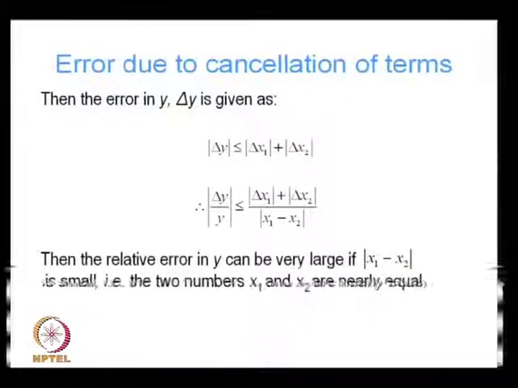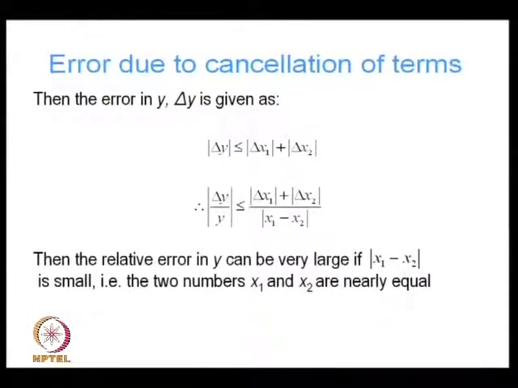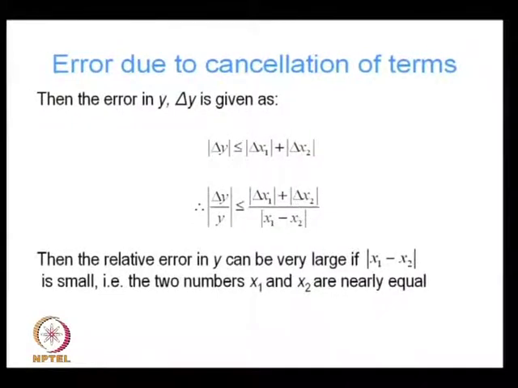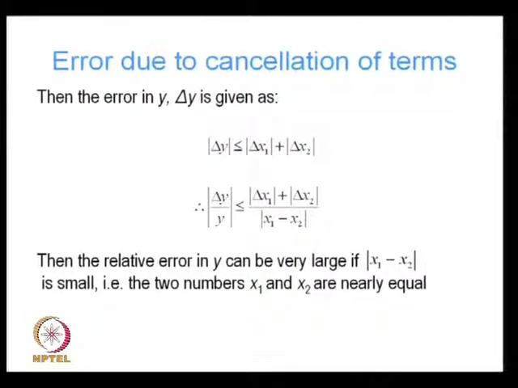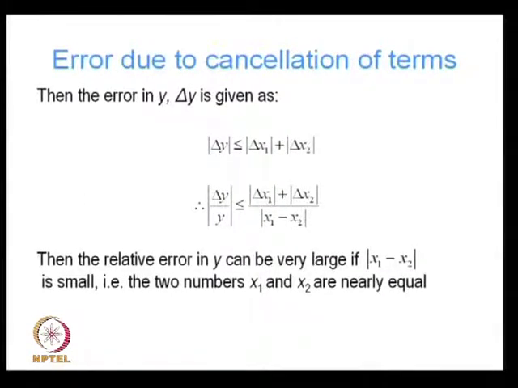Then the bound on the error in y is: mod of delta y is less than or equal to mod of delta x1 plus mod of delta x2. We have seen this from our last lecture where we found the bounds on simple operations like subtraction.